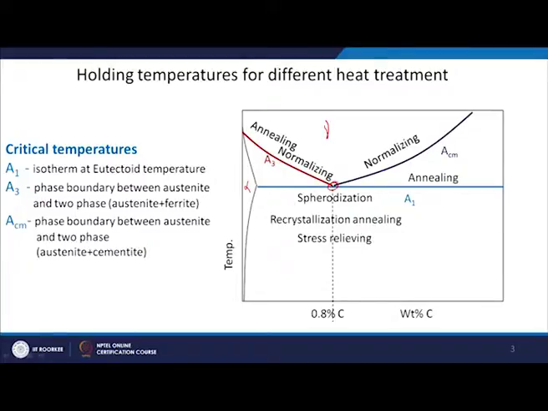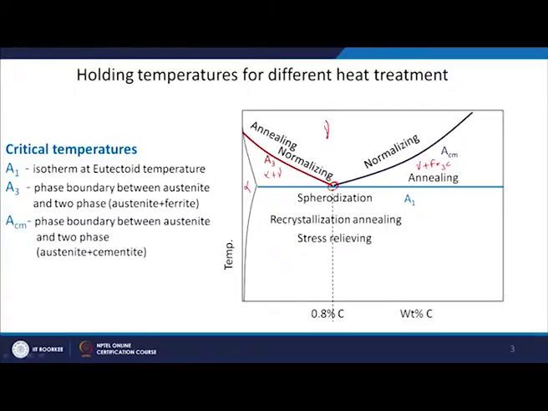There are three critical temperatures shown here. One is the A3 line, where alpha plus gamma transforms to gamma. You have the ACM line, where gamma plus Fe3C transforms to gamma, and you have the A1 line, which is related to the eutectoid temperature.